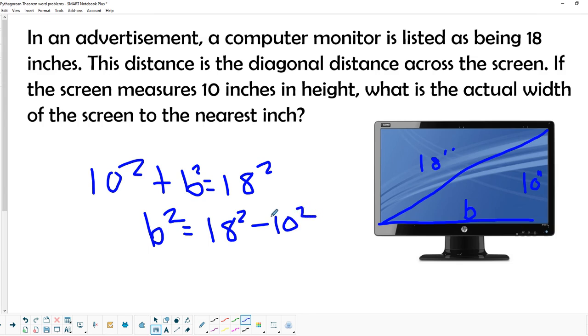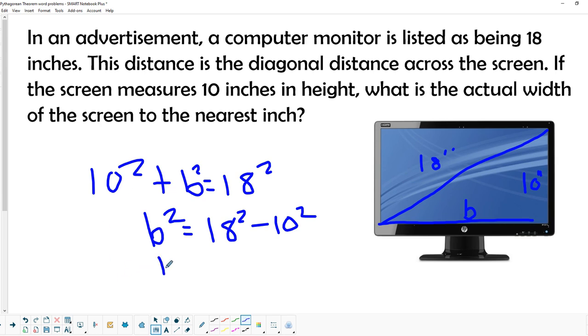And that's a pretty easy problem to do on a calculator. So 18 squared minus 10 squared equals 224.